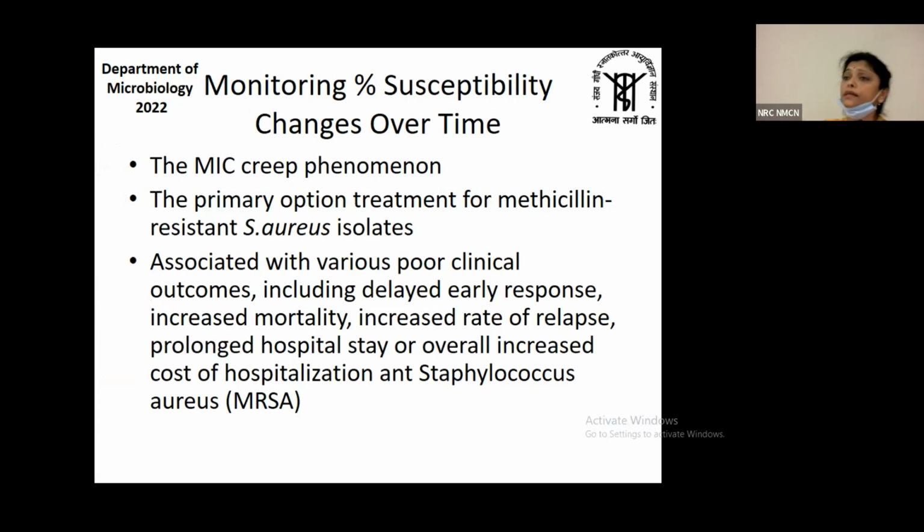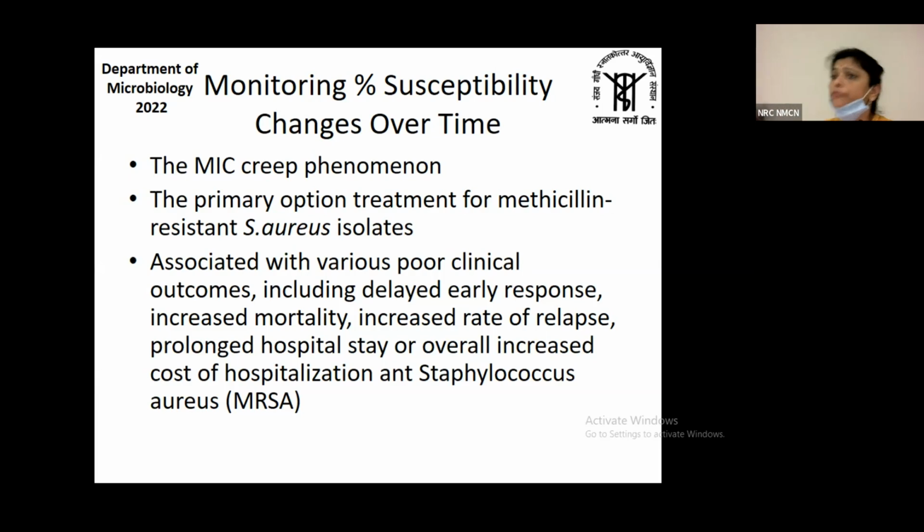How else does the antibiogram help you? There is an MIC creep phenomenon. This was very important for vancomycin, for the glycopeptides. When you plot the susceptibility data biannually or annually for your hospital or setting, you can see a gradual increase in the MIC values.